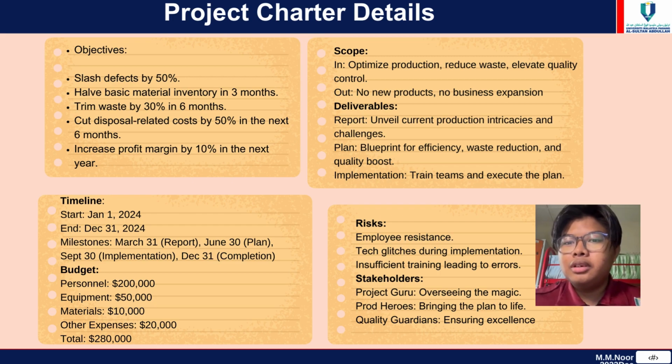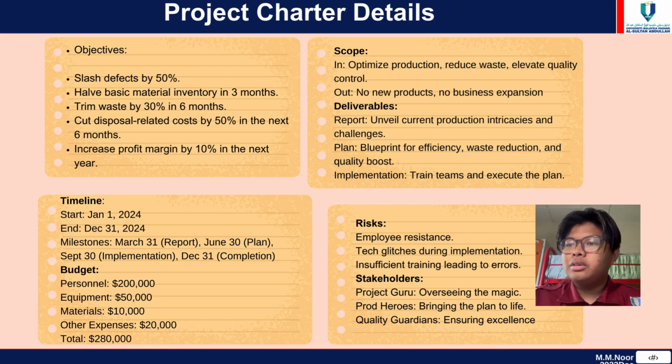Our objectives include slashing defects by 50%, halving basic material inventory in 3 months, reducing waste by 30% in 6 months, and cutting disposal related costs by 50%. And there is a timeline, which is we start our project on January 1st, and we aim for our project to end on 31st December of 2024.